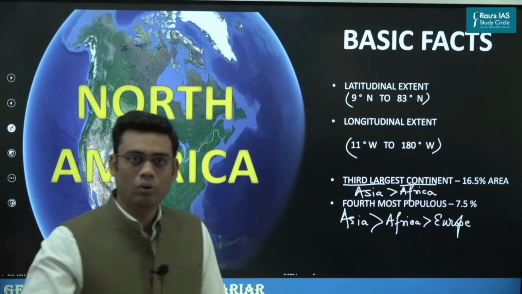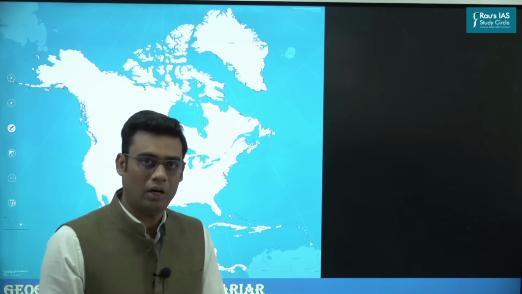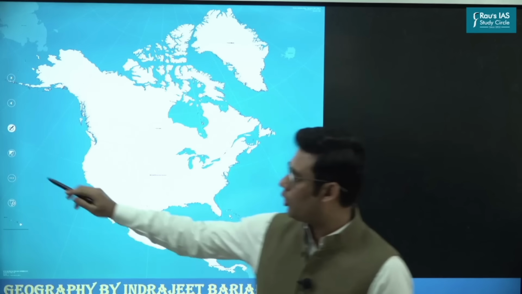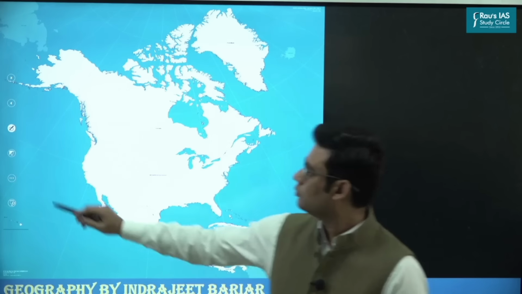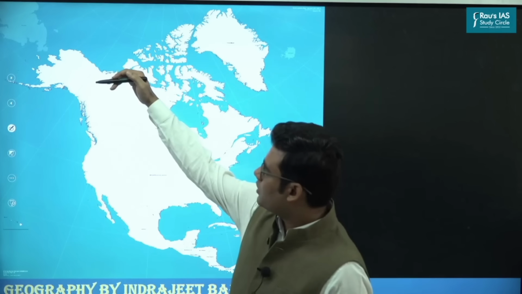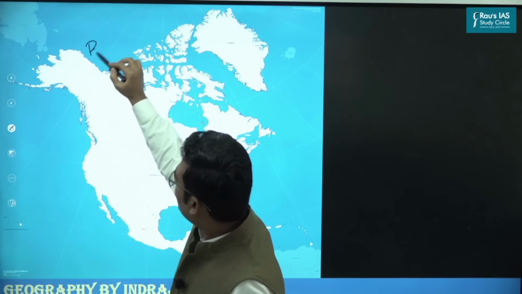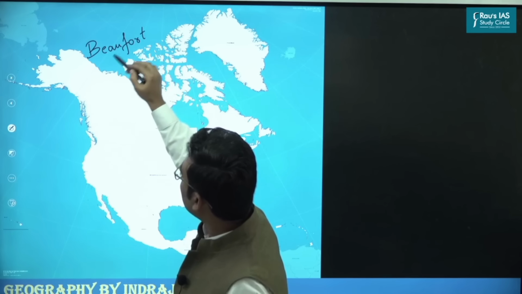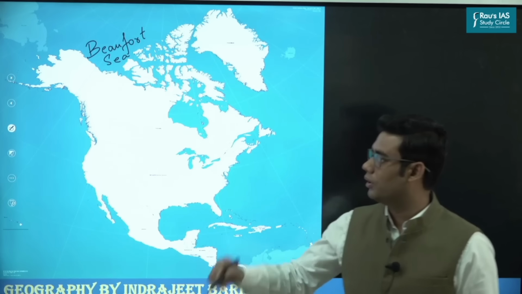So North America is the third largest continent by area and the fourth largest by population. Now, the first thing we will have to understand is the most important water bodies that surround the continent. Towards the north, first of all, it has the Beaufort Sea, which is a part of the Arctic Ocean.